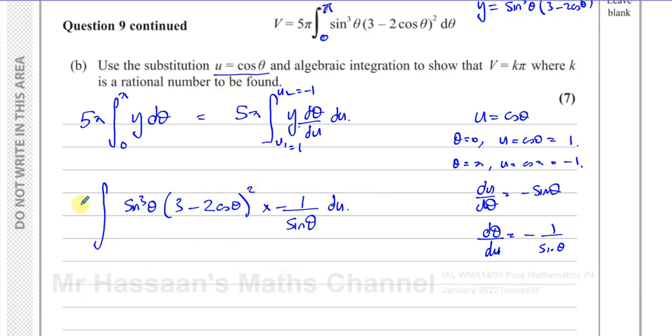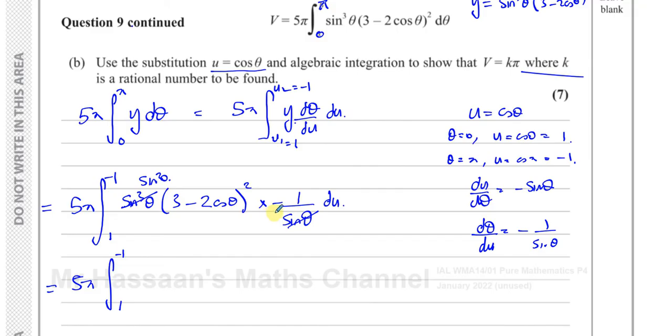There's a 5 pi out here, don't forget that, between 1 and minus 1. Because of the minus 1 here, we can take that outside and multiply it over here, so it becomes minus 5 pi.